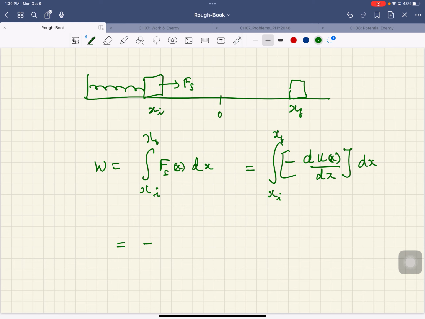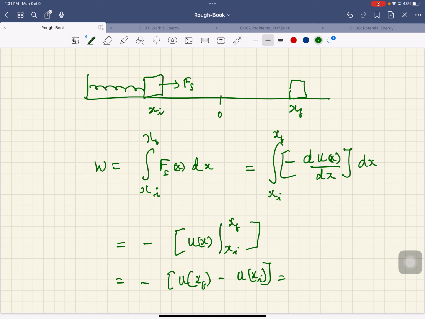And it was equal to U(x) from x initial to x final. We already had this expression. I'm just re-deriving it for you guys. What was the spring potential energy function? 1/2 kx squared.